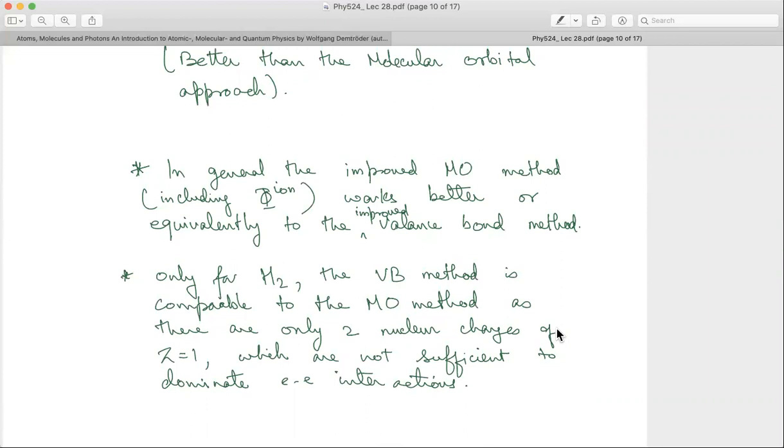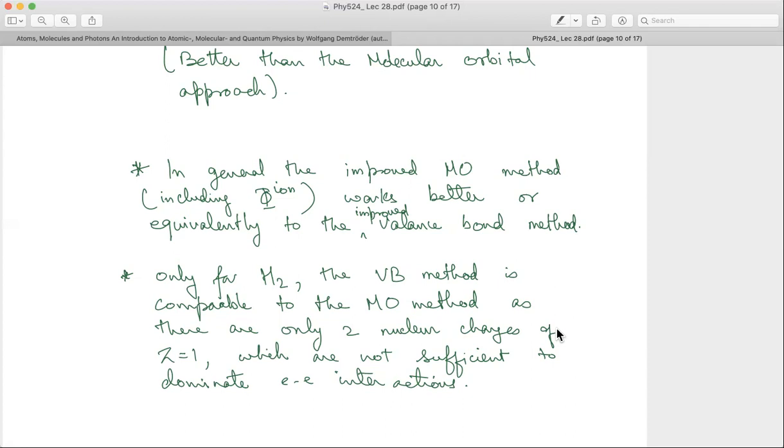So in general, you will find that this molecular orbital method, which came from the LCAO kind of method, which includes this ionic contribution, works better, or at least as good as the valence bond. Valence bond is basically dissociated ions coming together.